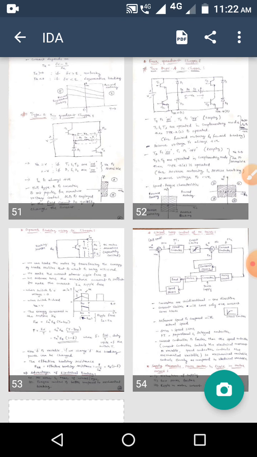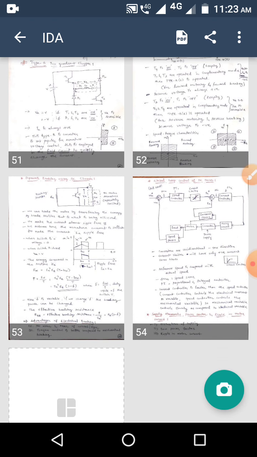So, in the previous class, we discussed the two quadrant choppers and four quadrant choppers. In two quadrant choppers, again there are two classifications: type A chopper and type B chopper.